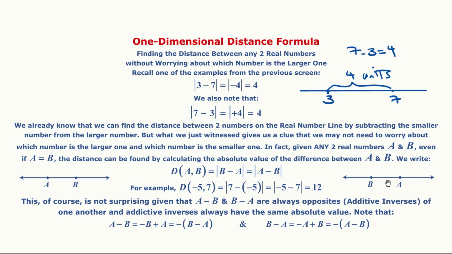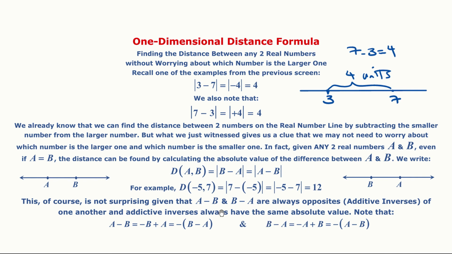Now, it doesn't matter whether A is the larger one or B is the larger one, such as in the case on the left. The absolute value of A minus B or B minus A will both give us that distance. So that is one really nice quick application of the absolute value.